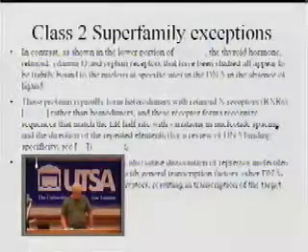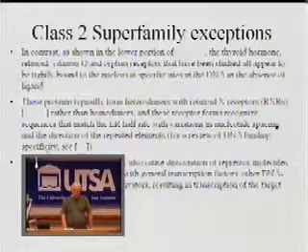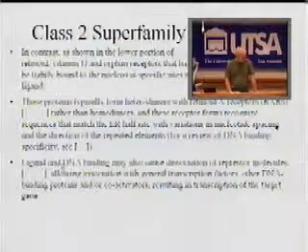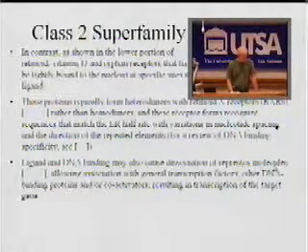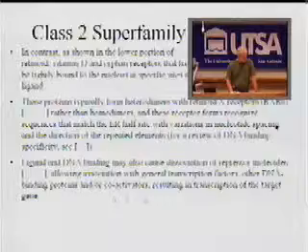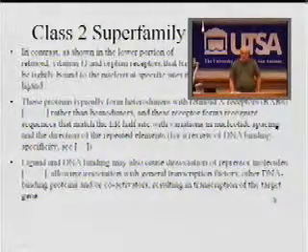So there is some variation there, and of course the specificity and the affinity of the binding might differ. The ligand and the DNA binding may also cause dissociation of repressor molecules, allowing association with general transcription factors, other DNA binding proteins, and/or coactivators, resulting in transcription of the target genes.